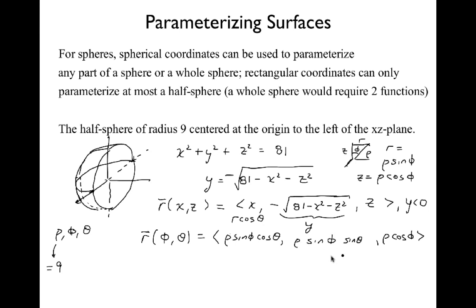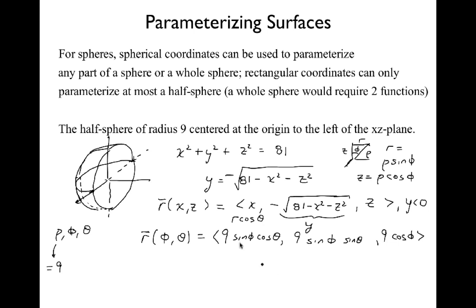So spheres centered at the origin will always have this parameterization in phi and theta, with the x-coordinate being this, the y-coordinate being this, and z being this, that we've derived before. But we know that for a given sphere, rho is constant. In this case, rho is 9. So rho is not one of our parameters.